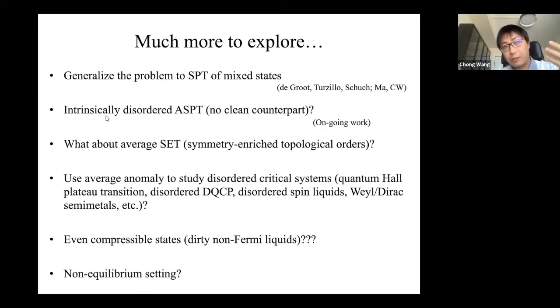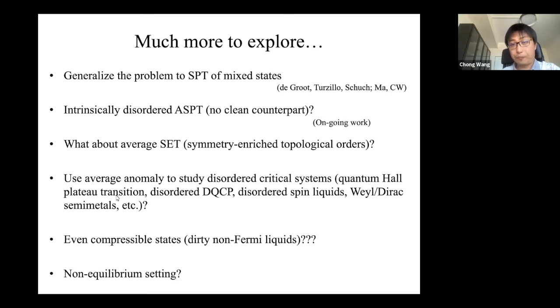And once we talk about SPT, you can ask about SET, meaning symmetry enriched topological orders, things like toric code or Laughlin states and so on. What about the effect of average symmetry there? The other thing, which might be more relevant for the audience in this workshop, is that historically we know that anomaly provides extremely powerful insights into the dynamics of gapless systems, things like CFT.